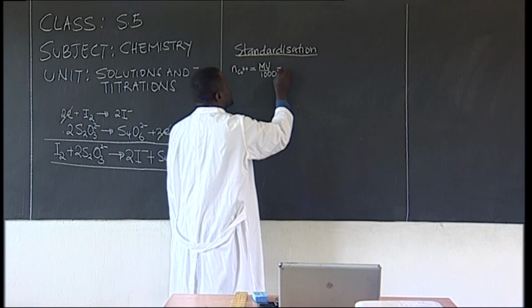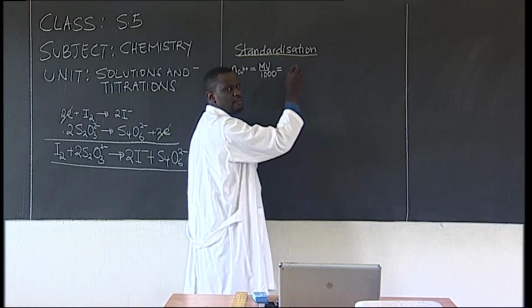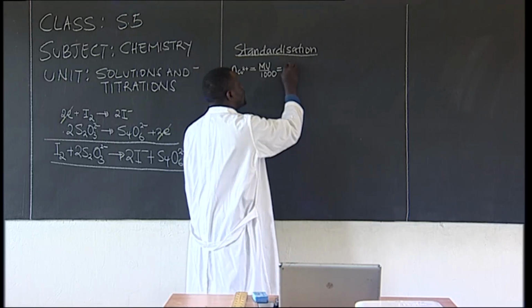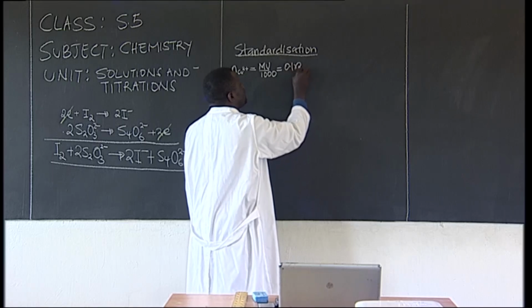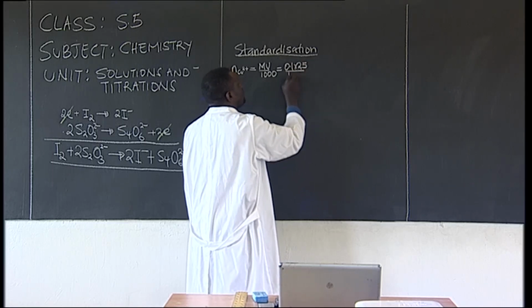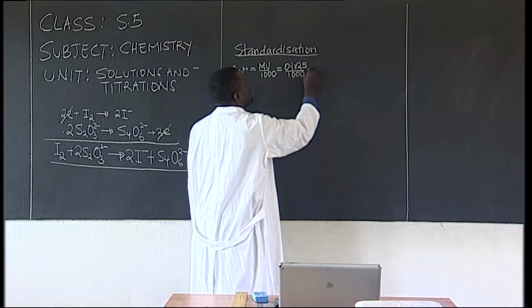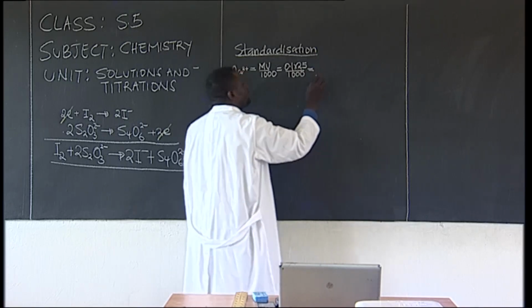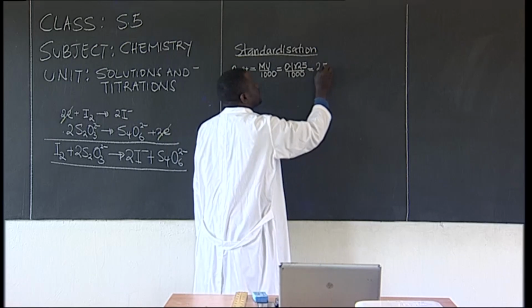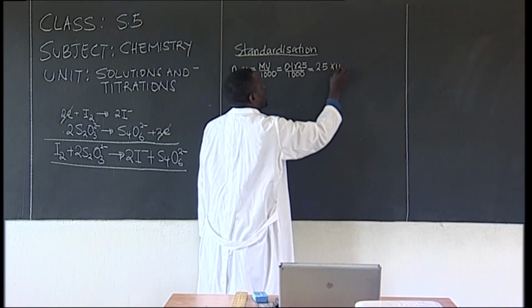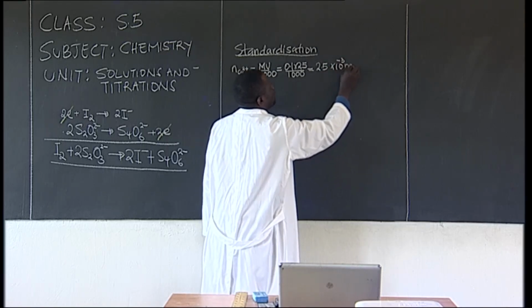Our molarity is 0.1 times volume 25, divided by 1,000. We shall have 2.5 times 10 to the power negative 3 moles.